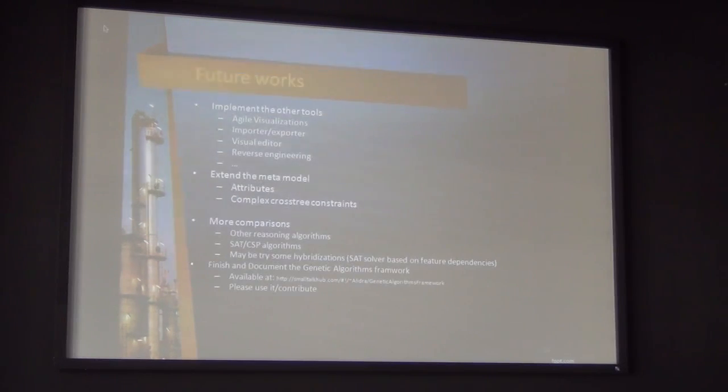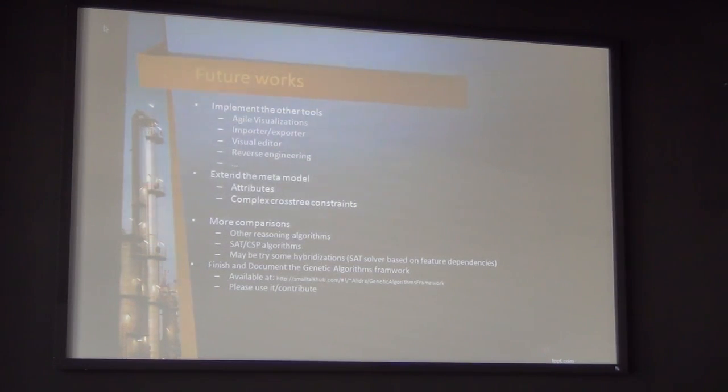Okay. So as future work, surely I would like to implement the other tools, visualizations and the importer-exporter of the feature models and things like that. I would like to extend the meta model with things like attributes and complex cross-tree constraints, because we can have more complex cross-tree constraints than just require and exclude.